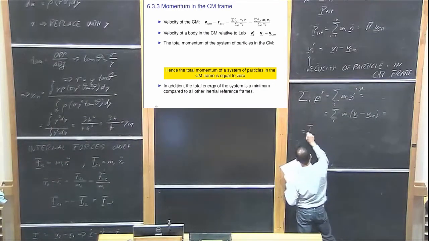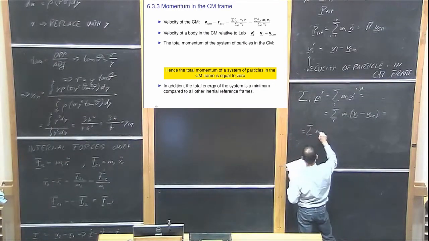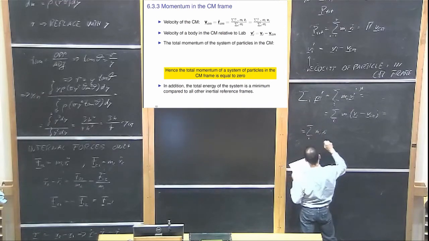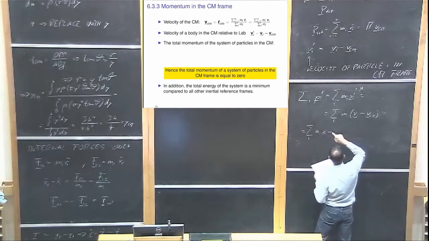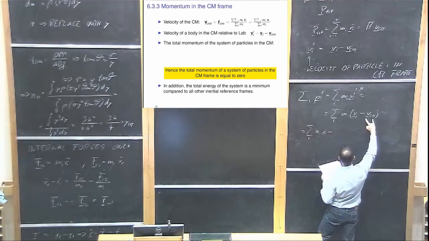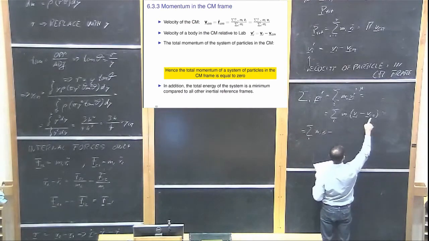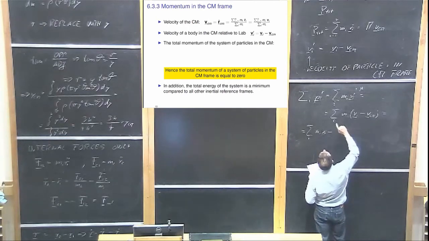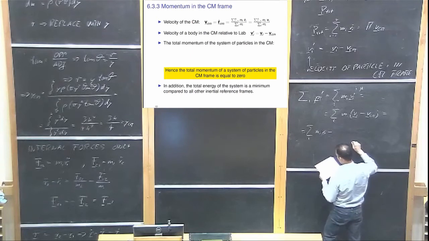This is the sum of m_i V_i minus, now going to use the definition here of the velocity of the center of mass frame, which we have up there. I just have to be careful with the summation notation.